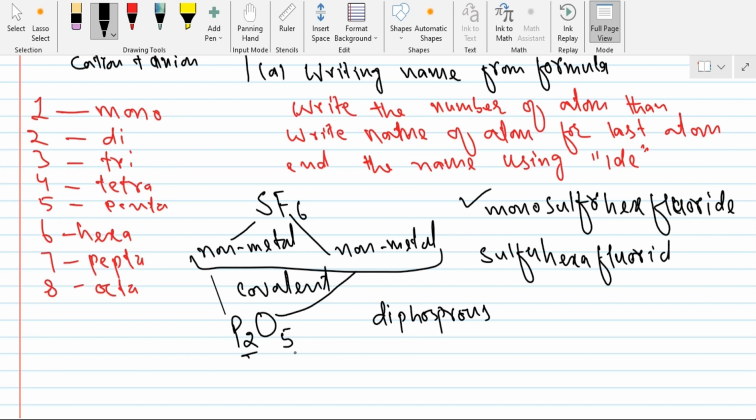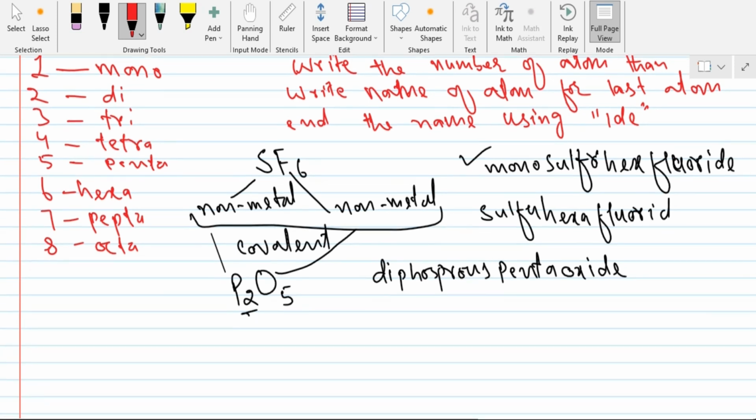The next is oxygen. How many atoms do we have? 5. 5 refers to penta, and the last atom ends with IDE, so it will be pentaoxide. Understood?